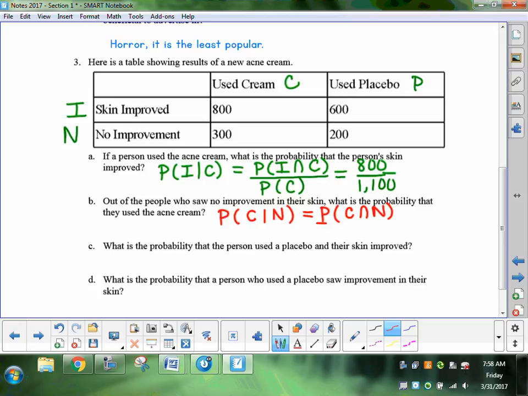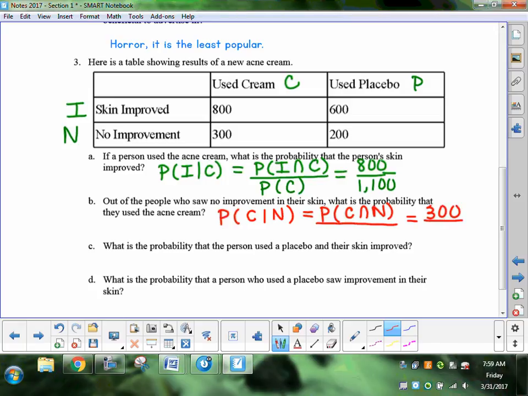And how many of those did we have, Jack? And what's your denominator going to be? What do you have to look at in the denominator? Same as all the other ones. You can tell me what needs to be in our denominator. Probability of what? Yeah. No improvement.